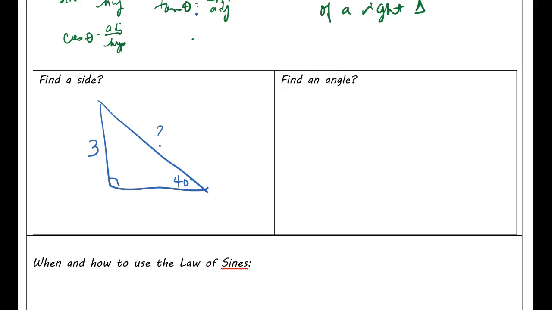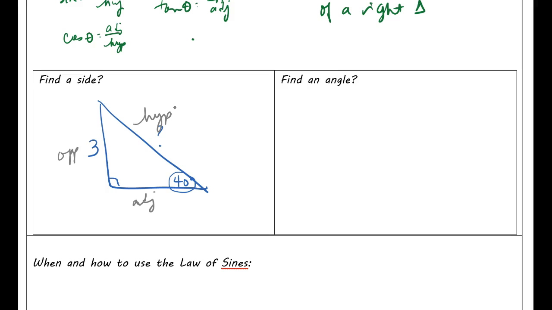Now, what I used to do is tell my students to choose an angle and circle it. So this is the angle that I'm going to circle because it's just the one that's already labeled. Then I label my triangle. So if this is 40, that makes the side across from it the opposite. This would be the adjacent, and this would be the hypotenuse.